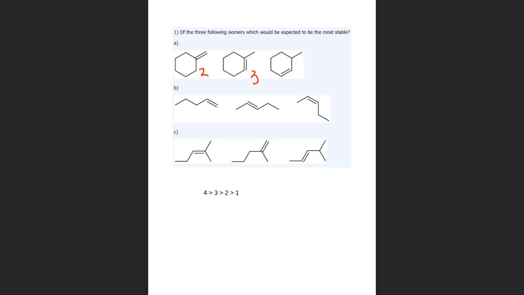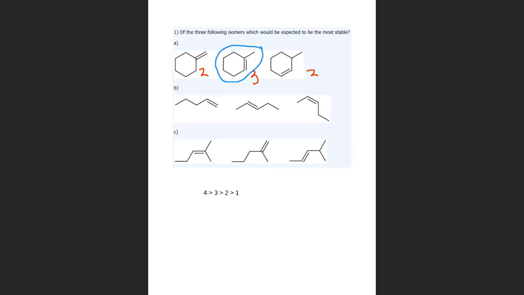And now the last molecule is attached to two things again. So remember, we always like the one that is most substituted. So this is the most stable.